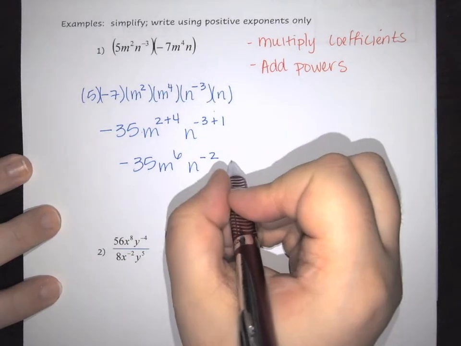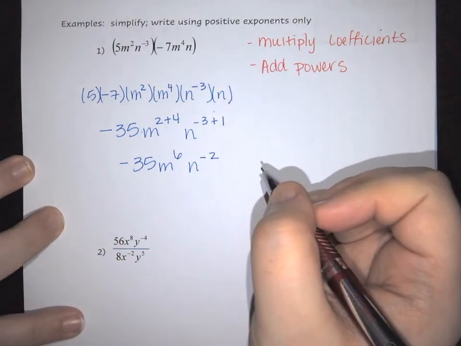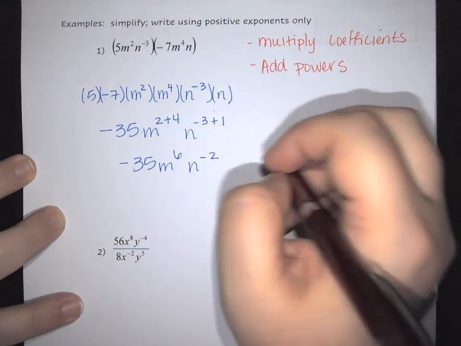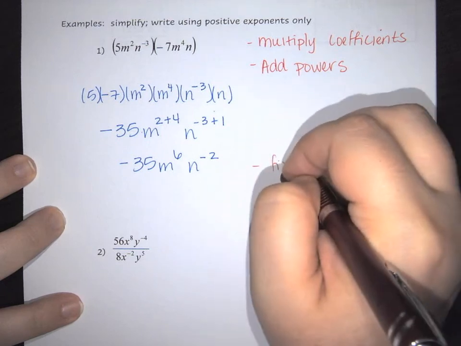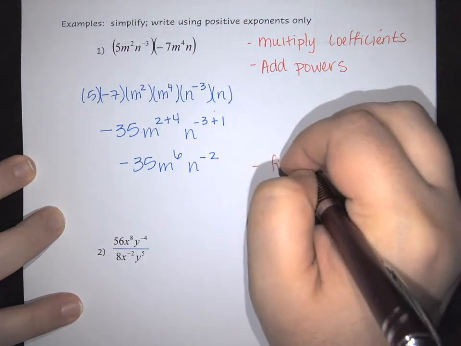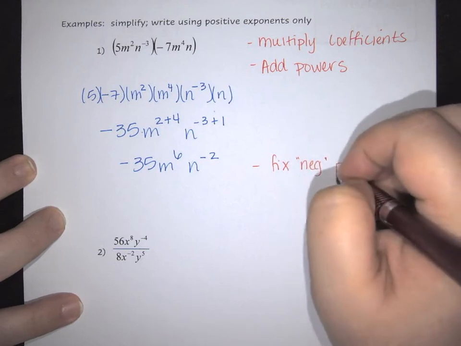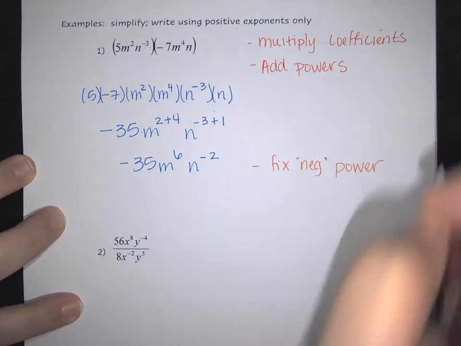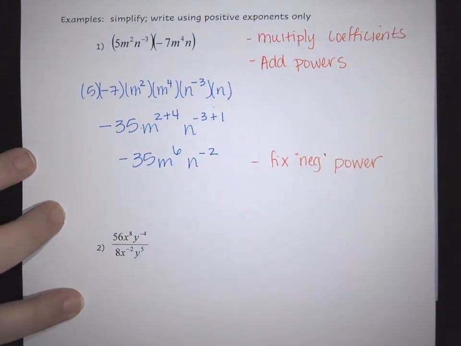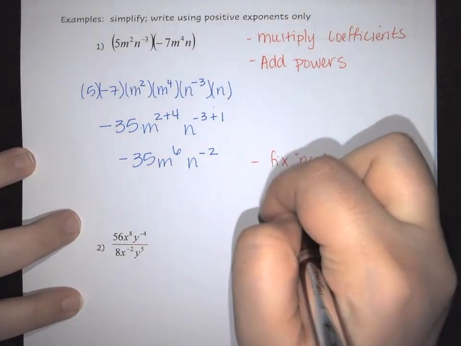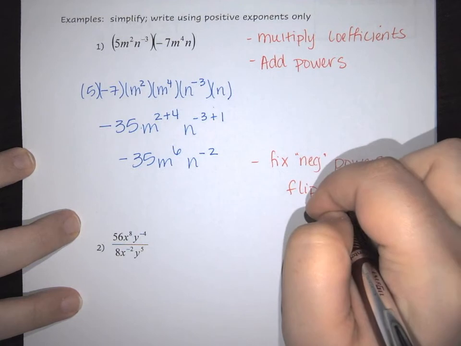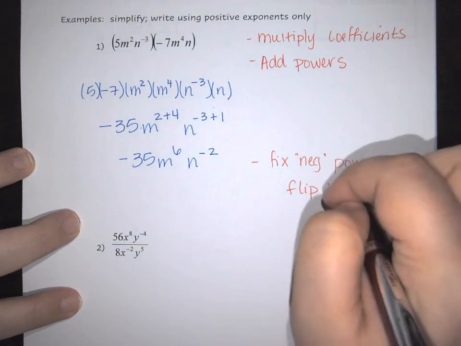Now here I have a negative power, and so I have to fix the negative in order to finish. And so fixing my negative power essentially says that I have to flip it.